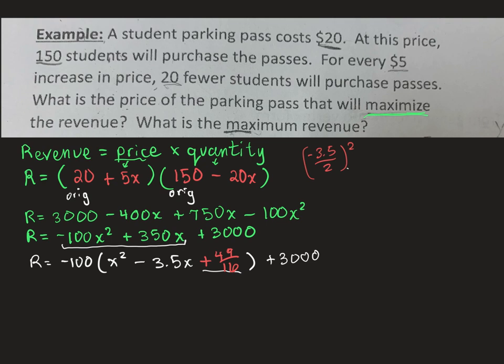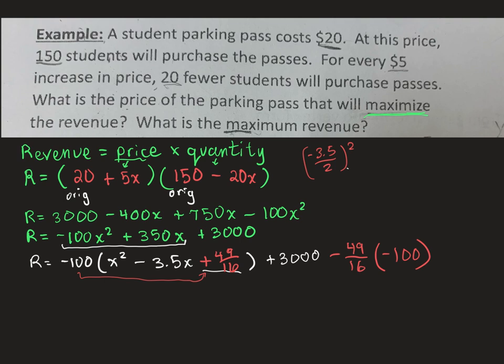And then as soon as you add that number, you have to take it away because we've got to keep this equation in balance. So minus 49 over 16 outside the brackets times, now that number we just added is actually inside brackets with negative 100 multiplied by it, so you have to multiply this one that we subtract by negative 100 as well.